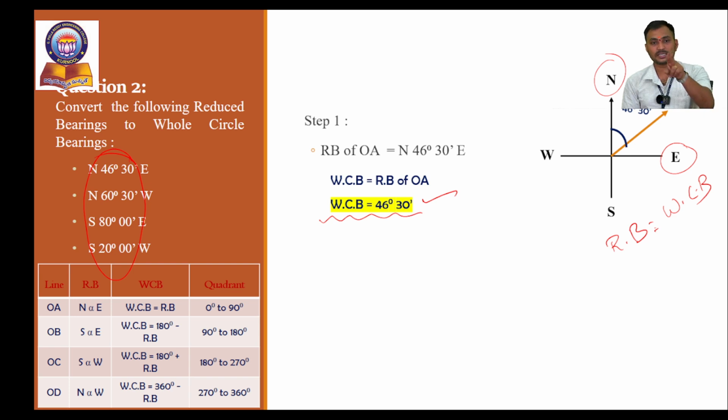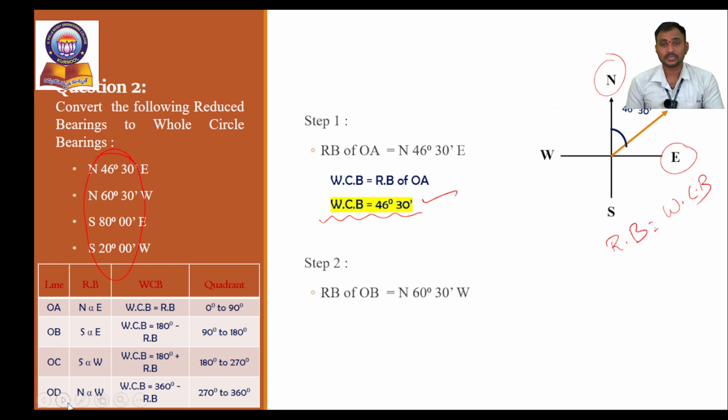Now for the second problem, north 60 degrees 30 minutes west. We will see how the value comes. The given reduced bearing value of object line OB is north 60 degrees 30 minutes west. So draw the direction line diagram.